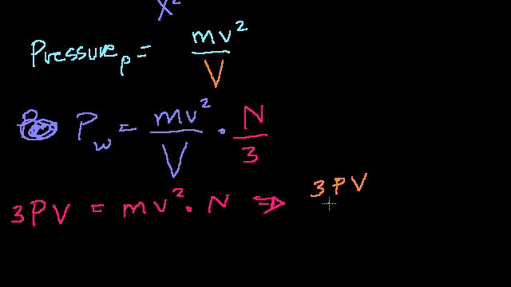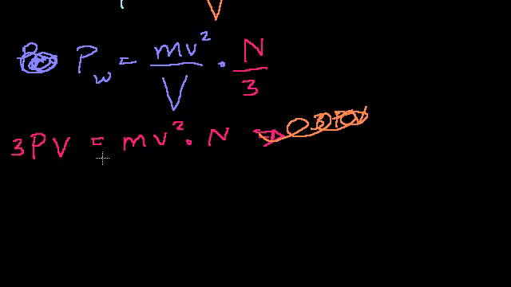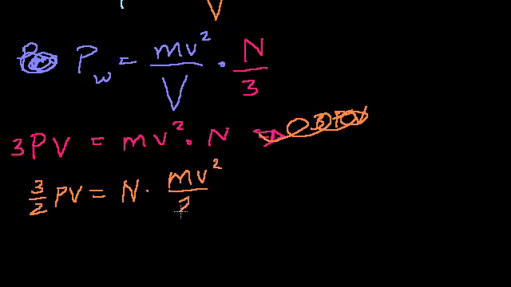Let me leave the n there. Let's divide both sides of this equation by 2. So we get 3 halves pv is equal to, now this is interesting, n, the number of particles we have, times mv squared over 2. Remember, I just divided this equation right here by 2 to get this. And I did this for a very particular reason.